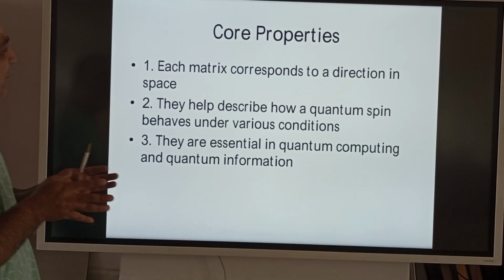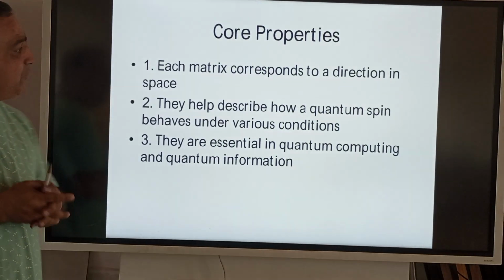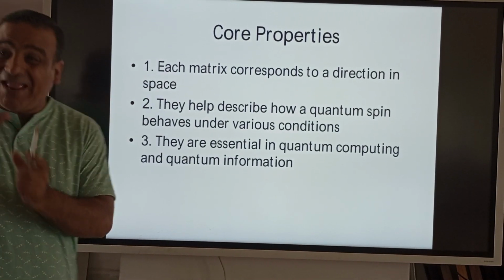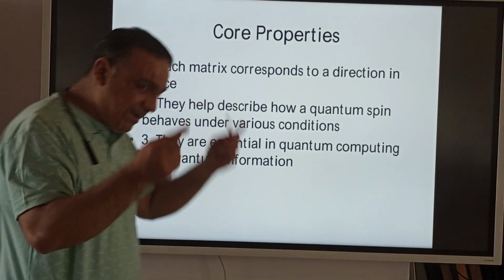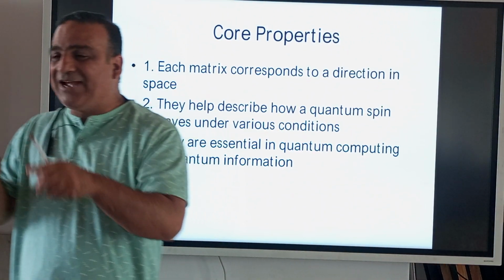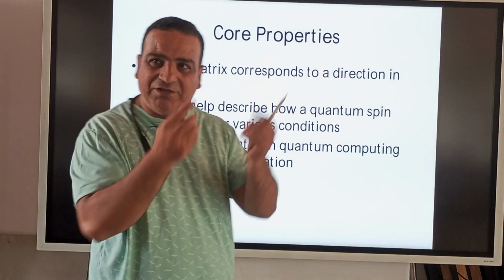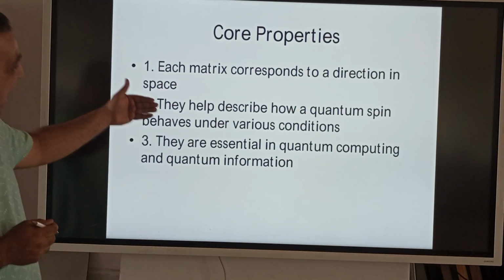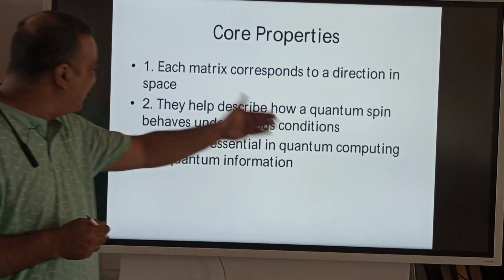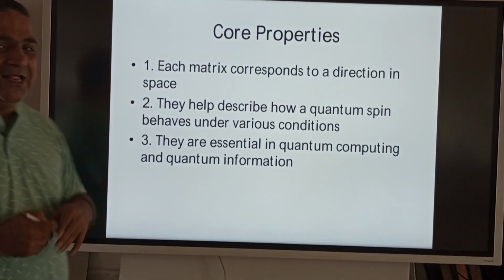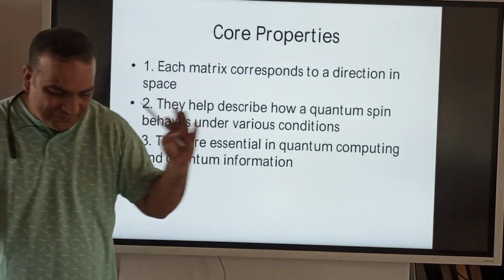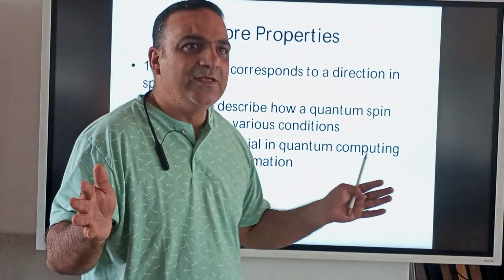Now, talking about the core properties of these matrices. Each matrix corresponds to a direction in space. So you have a matrix that will represent the direction in the space, right? That's the first point. Now, they help describe how quantum spin behaves under various conditions. Okay. What are these various conditions?